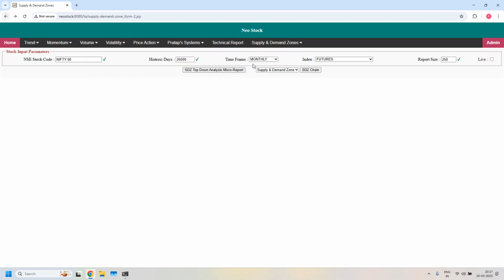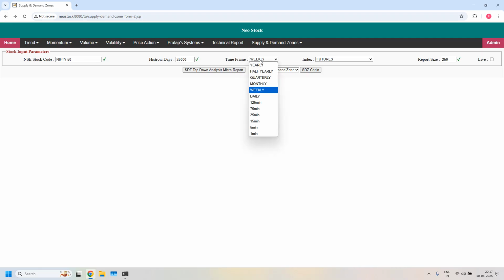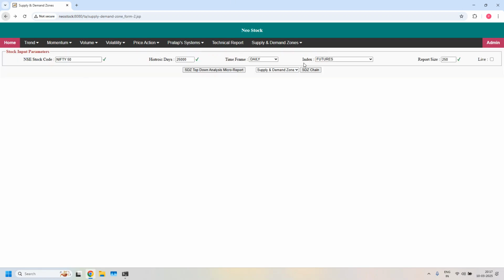Next, weekly supply demand zone chain for Nifty. Next, daily supply demand zone chain for Nifty. Next, 125 minute supply demand zone chain for Nifty.